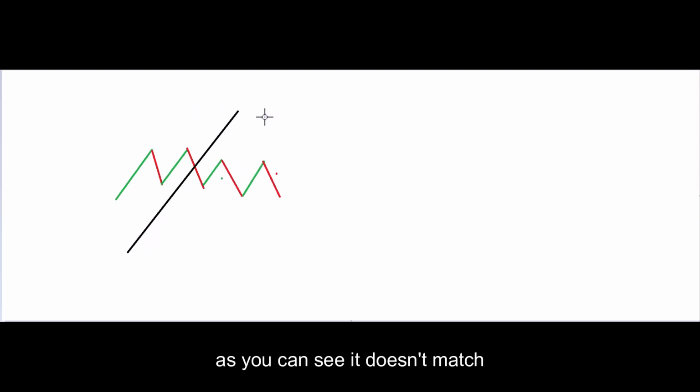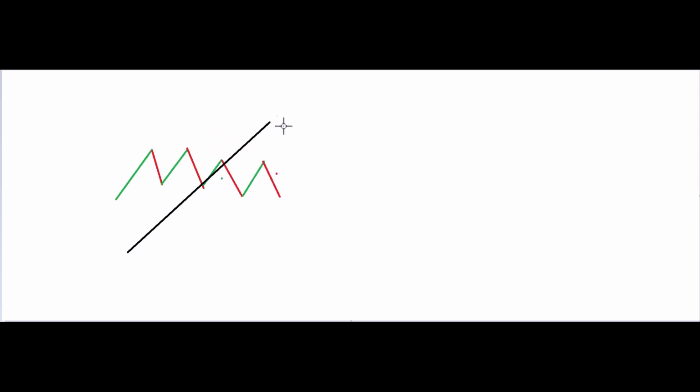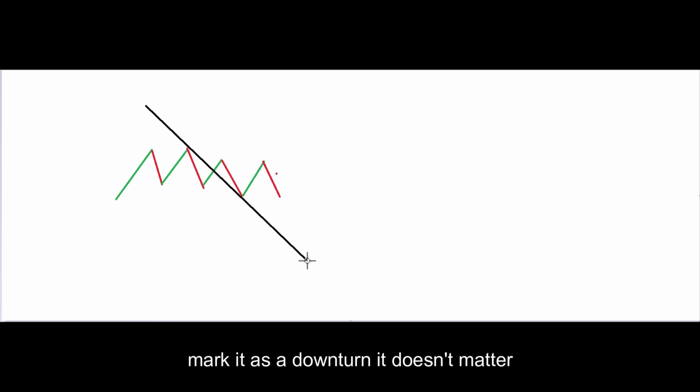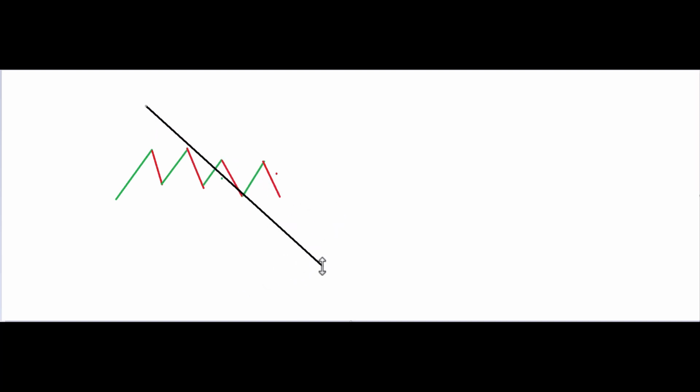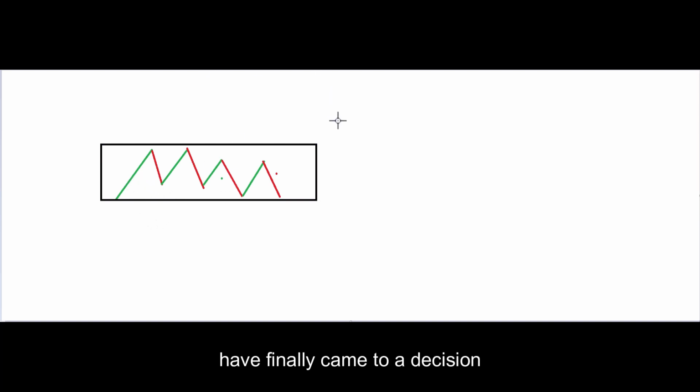As you can see, it doesn't match, right? So it doesn't make sense. So maybe it's a downtrend. Let's mark it as a downtrend. It doesn't work, it doesn't match. But if we draw a rectangle, it perfectly matches, right? So by drawing a rectangle, we have finally come to a decision that this is a sideways market.